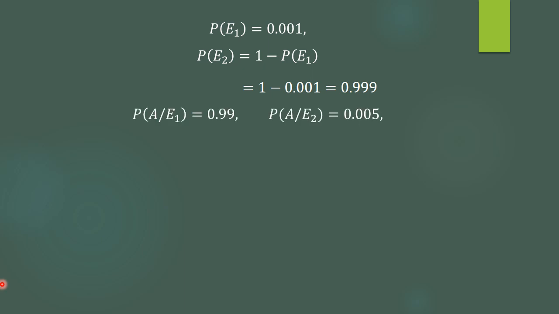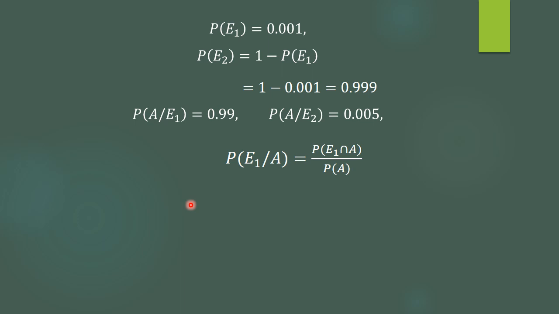Now A given E1: they have initially stated 99% of results are correct, so A given E1 is 0.99. And A given E2, that is he was not suffering but still is shown positive, they have stated with an error of 0.5%. So its probability is 0.005.